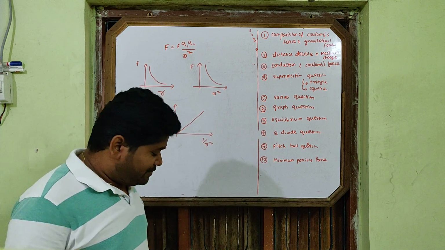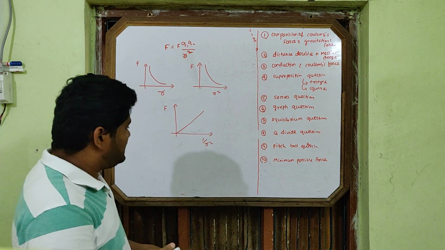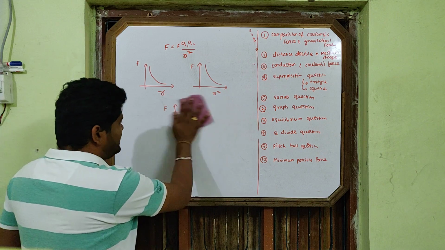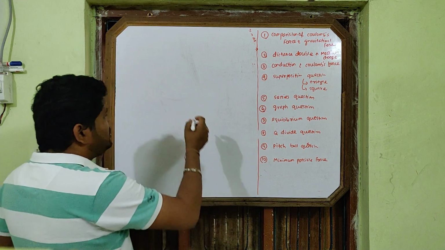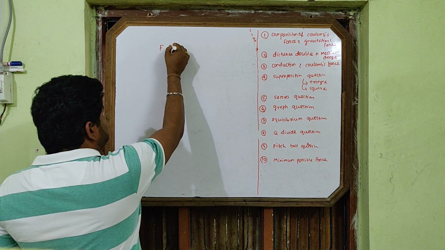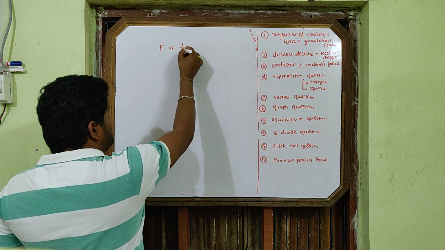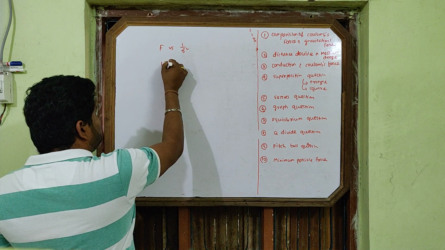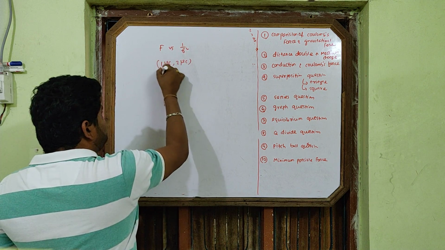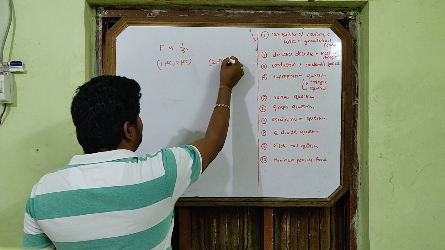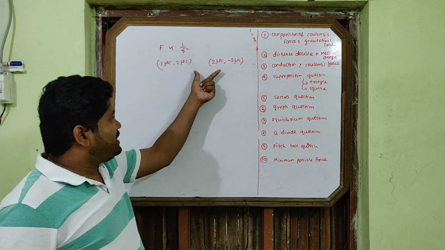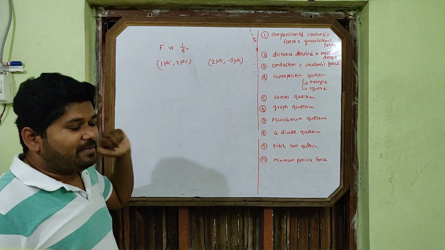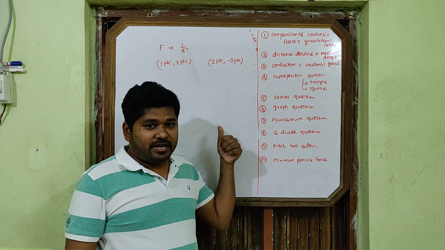But in previous year exams, the question came like this. I am extending this question again. Draw the F versus 1 by R square graph for 1 microcoulomb, 2 microcoulomb, and for 2 microcoulomb, minus 3 microcoulomb. For these two pairs, draw the F versus 1 by R square graph. This question came in the previous year.